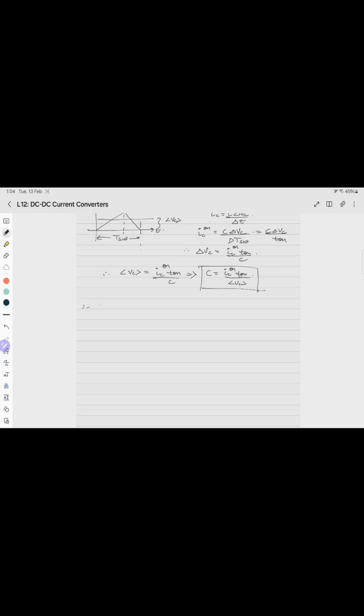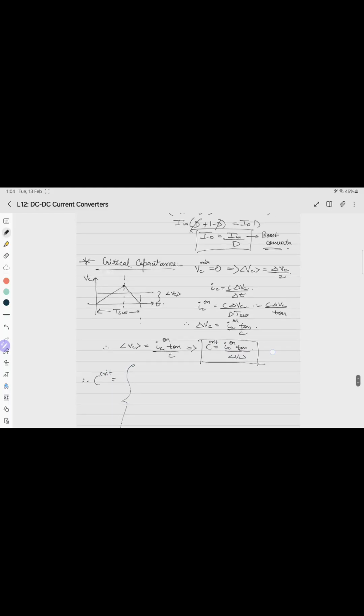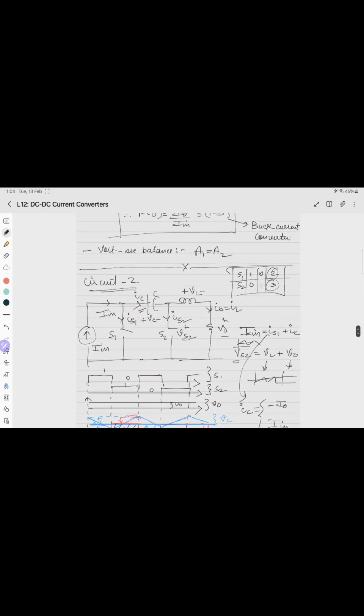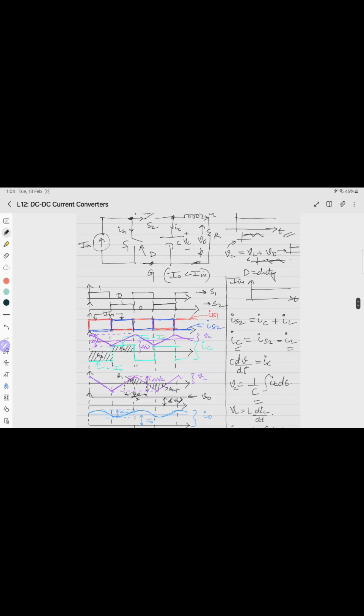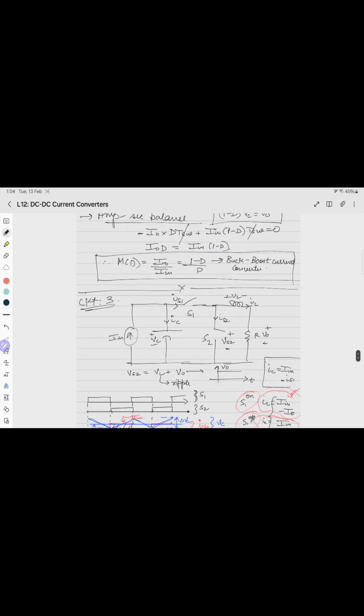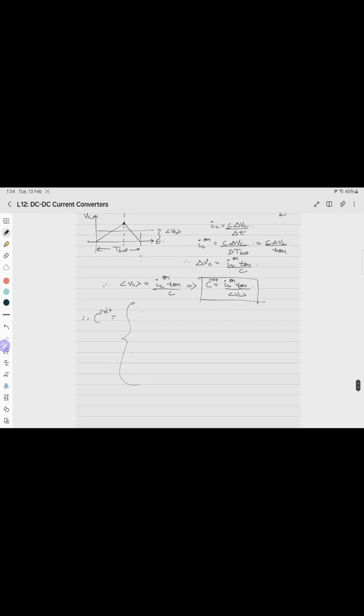So therefore, this is C critical. C critical has three cases. For circuit 1, what is IC? We'll write capital I0 into D by F switching, and here it is V0.